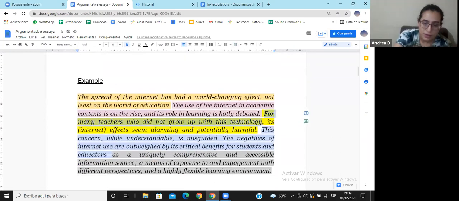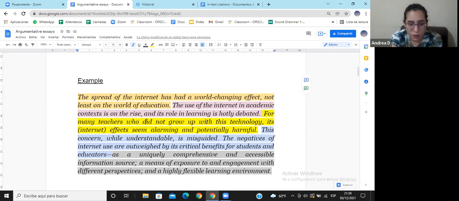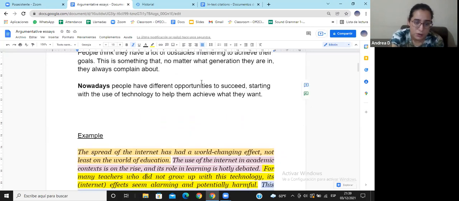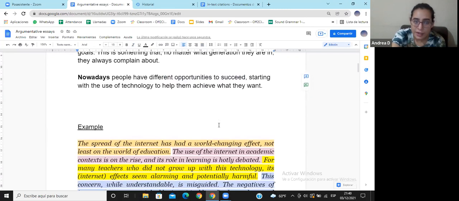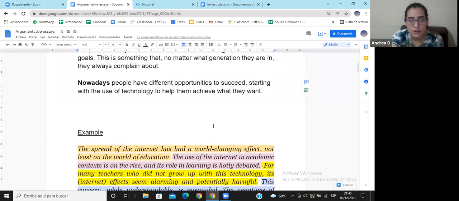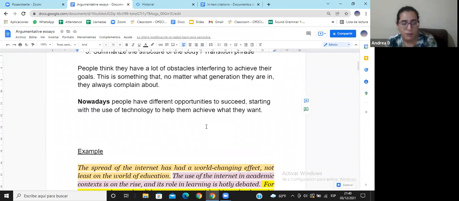We could always do something like this. I don't know. Many people, or well, not people, but maybe the elderly seem to think that because now we have access to different opportunities to succeed, like the use of technology and stuff, our life is easier than the ones they had.